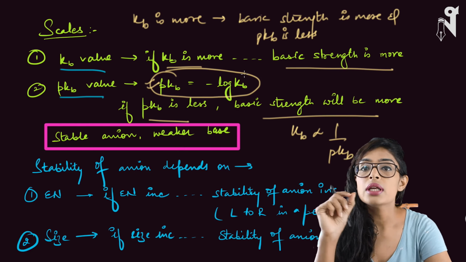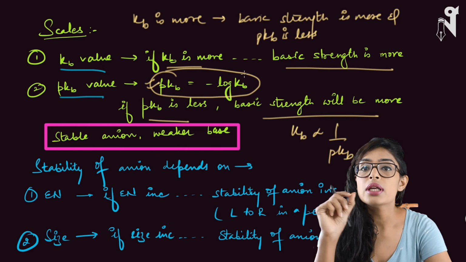Okay, so now let's understand what all factors the stability of an anion depends on. So first is electronegativity. So if electronegativity increases, stability of anion increases. What does it mean? It means if your atom is electronegative, it actually has that hunger towards the electrons and it is happy to keep those electrons towards itself.